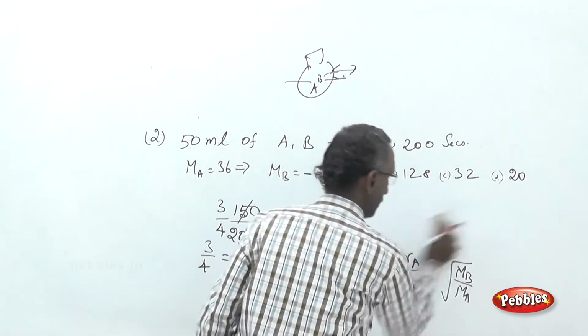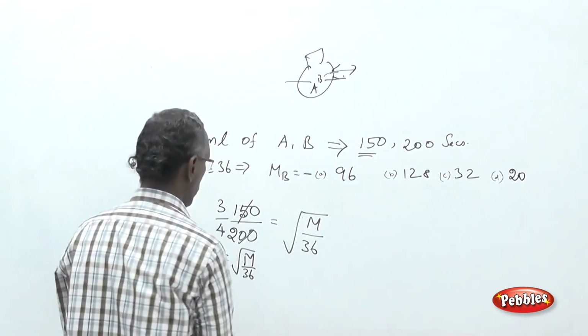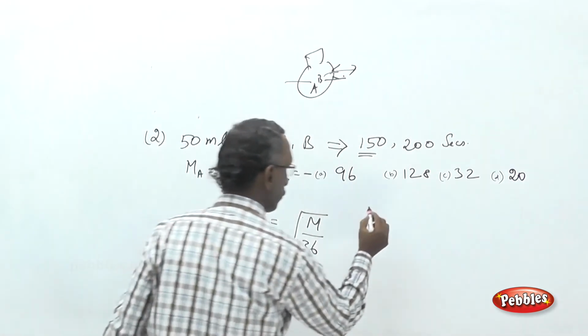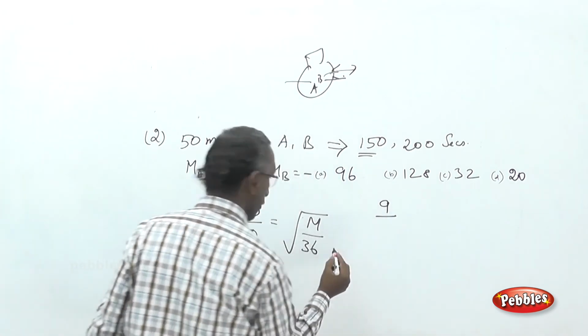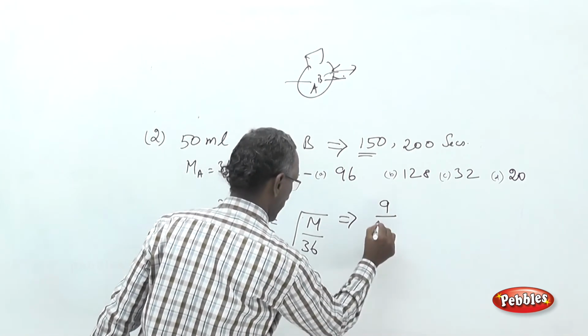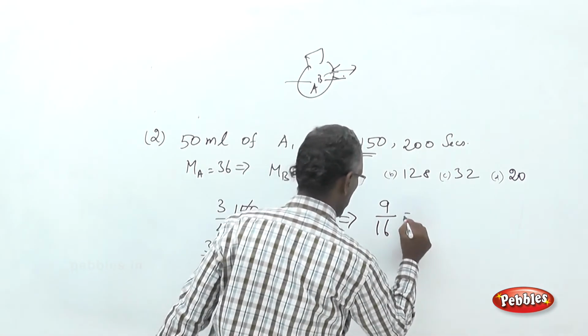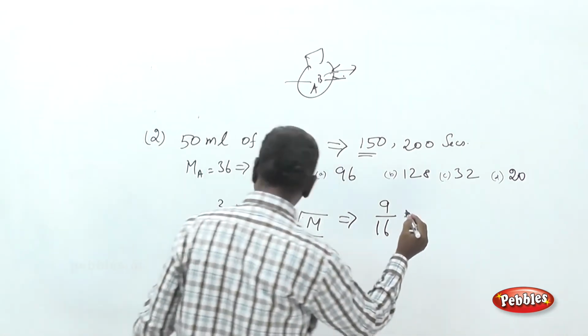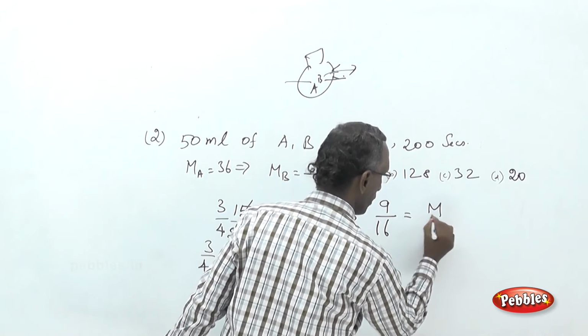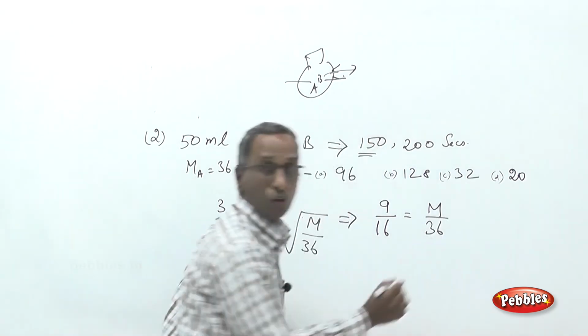From here it is only algebra. Take the square on both sides. 3 squared is 9, and 4 squared is 16, equals M by 36, since the root goes away on squaring.